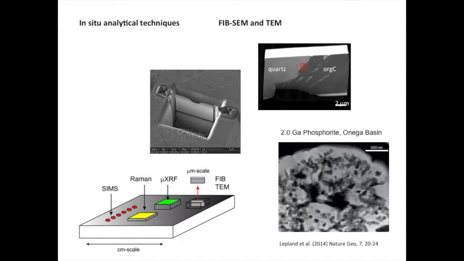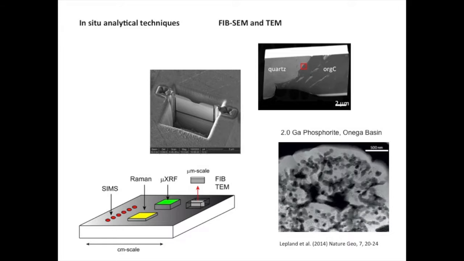And then a technique that has very recently become very popular for this field of science, micropaleontology. This is coming from material sciences, where you use a focused ion beam mill to mill out an extremely thin foil out of a rock thin section, lift it out, and put it under a transmission electron microscope.